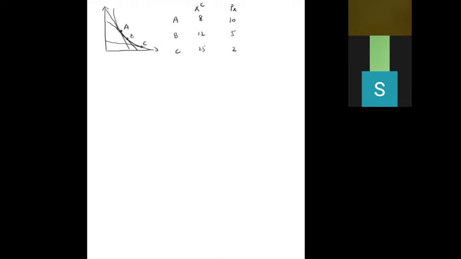Then for part F, is the compensated demand curve more or less elastic than the uncompensated demand? Explain why using substitution. So for part F, that's actually asking the question.